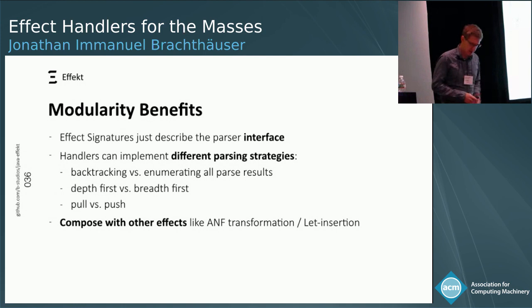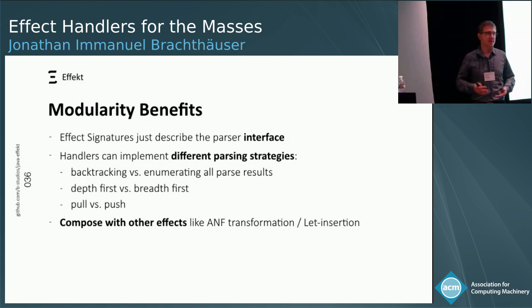The most important aspect is that if we use effect handlers to implement parsers, we can also compose them with other effects. So for instance, if you're implementing a programming language and you're constructing ASTs, sometimes what you want to do is transform the ASTs, like an A-normal form transformation, which is like let insertion.